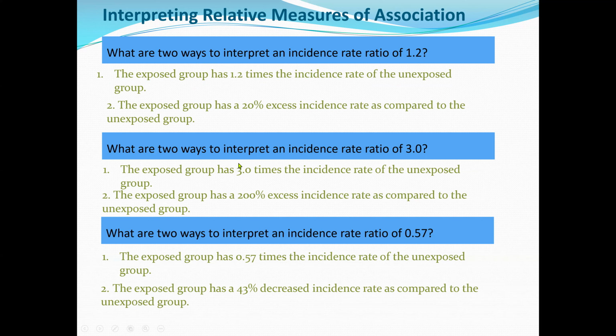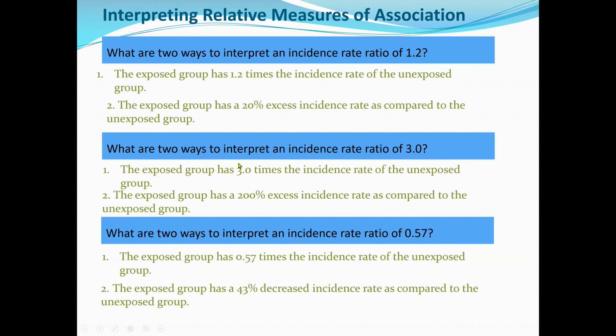So what's the difference between the two? Should I use the risk difference, RD, which is the absolute measure of the association, or should I use the relative risk, which is the risk ratio, for a relative measurement?